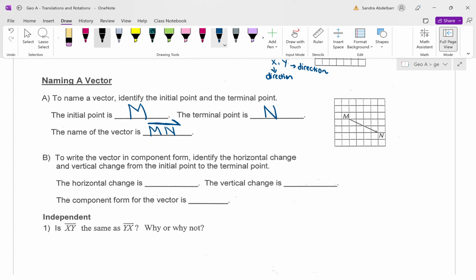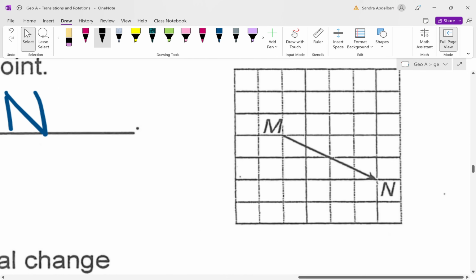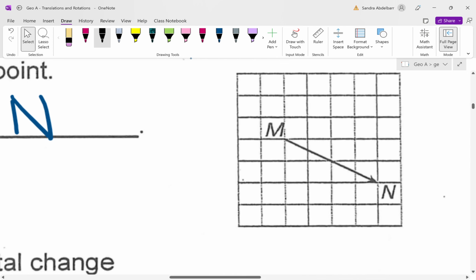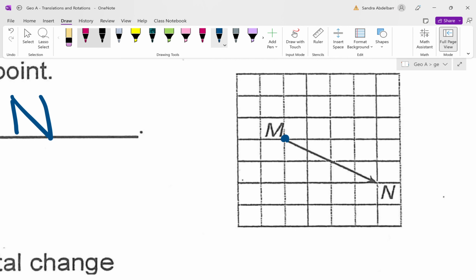So now to write a vector in component form, we're going to write our horizontal change first and then the vertical change. So looking at this, to get from M to N, my horizontal shift is 1, 2, 3, 4 units to the right. And then aren't we going to go 1, 2 units down?